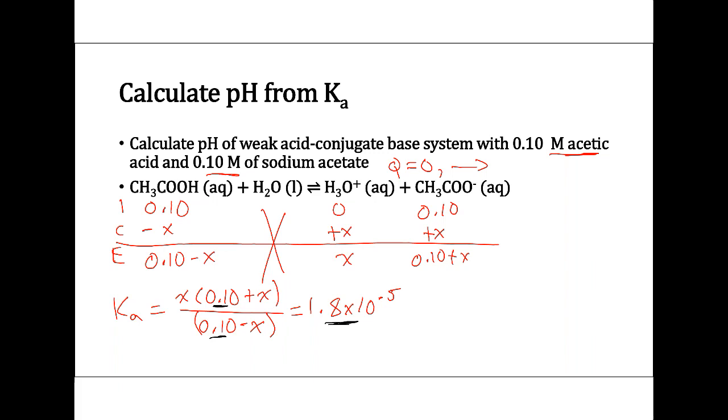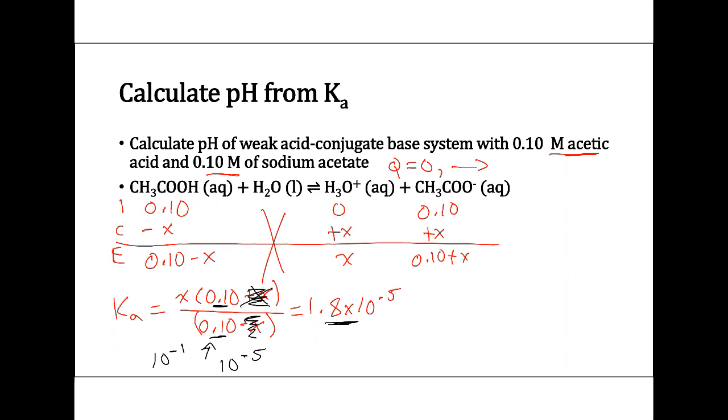So you should try to solve it out the long way and then prove that my shortcut will work as well. So what we're going to see is if 0.1 is the initial concentration of acetic acid and acetate, this x value can just go away, because these values are 1 times 10 to the negative 1, whereas the Ka value is 10 to the negative fifth. Well, these values are greater than 3 orders of magnitude from each other, so we can ignore x.